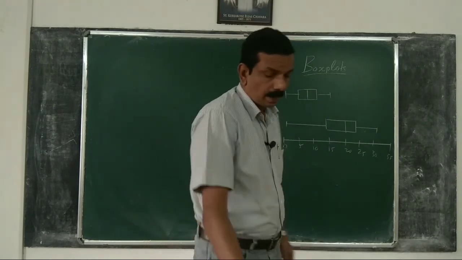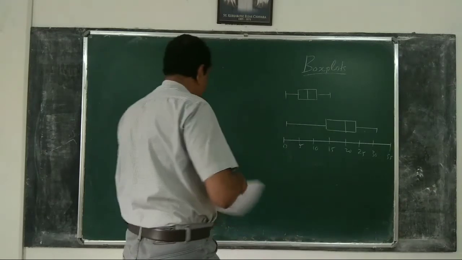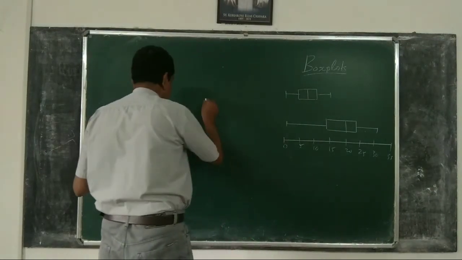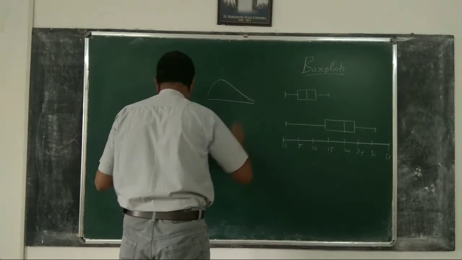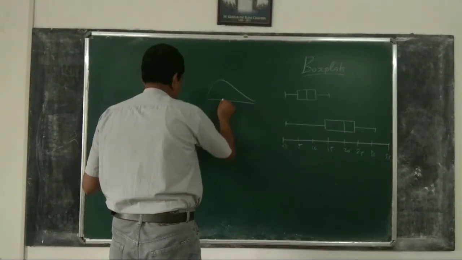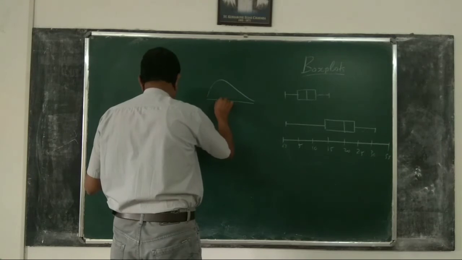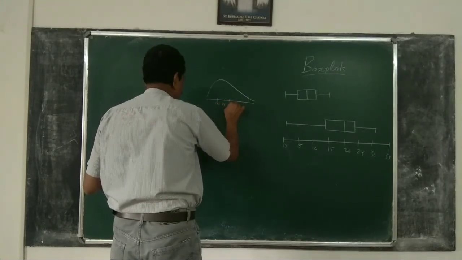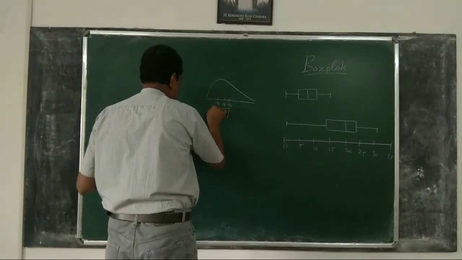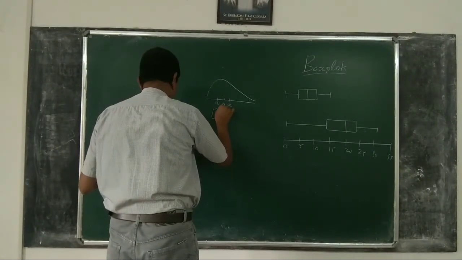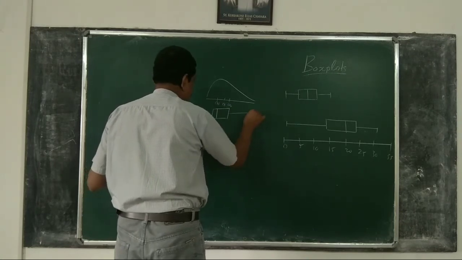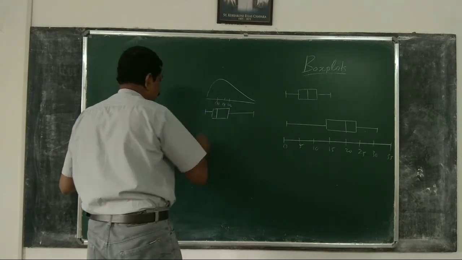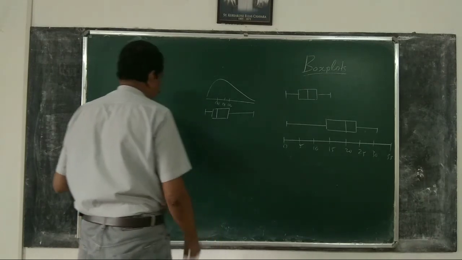For a right skewed distribution like this, this is Q1, Q2, Q3. So the box will be like this, and the spread will be like this for right skewed.